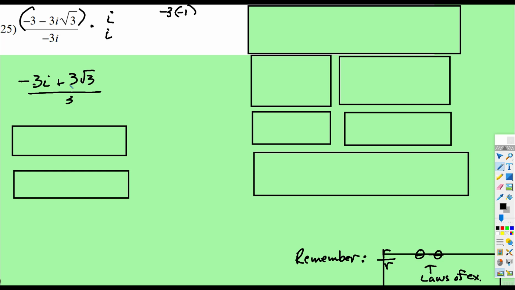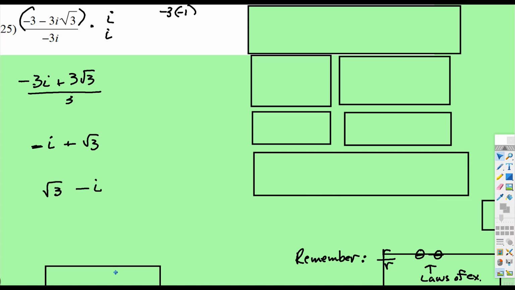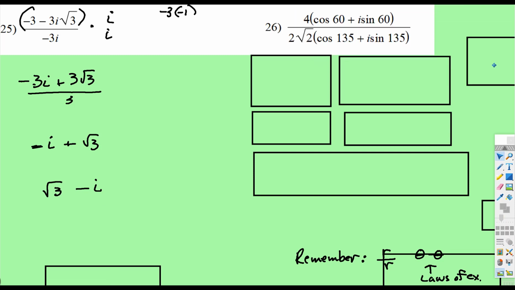And then these all have a 3 in common, reducing it to -i plus root 3, but when you put it back in a plus bi form, doggone it, we have root 3 subtract i.